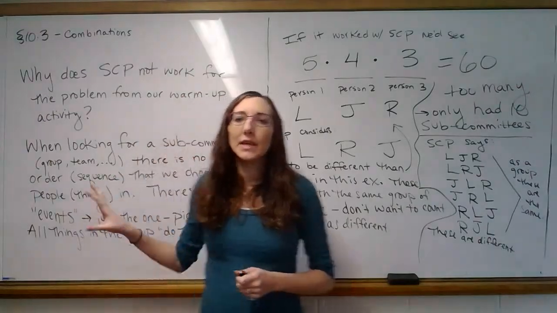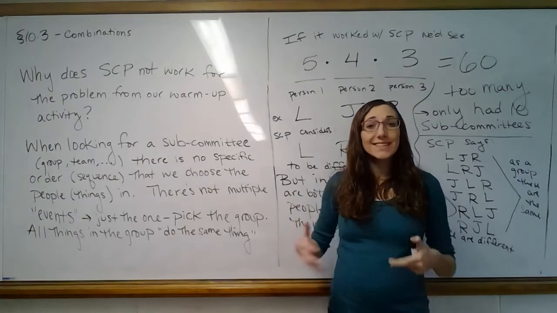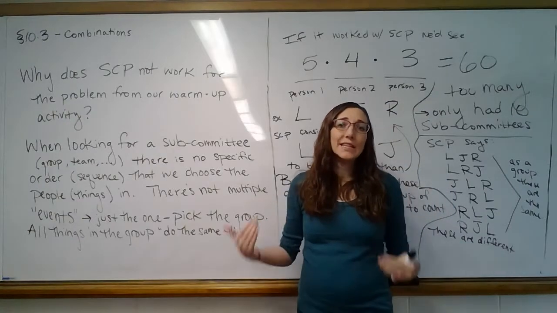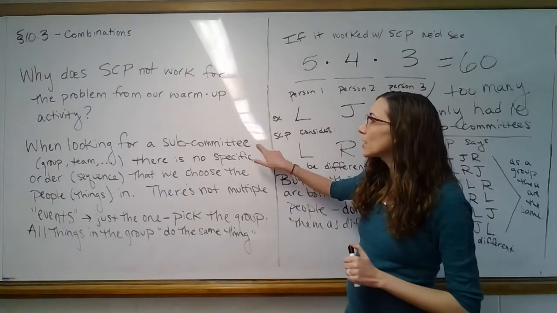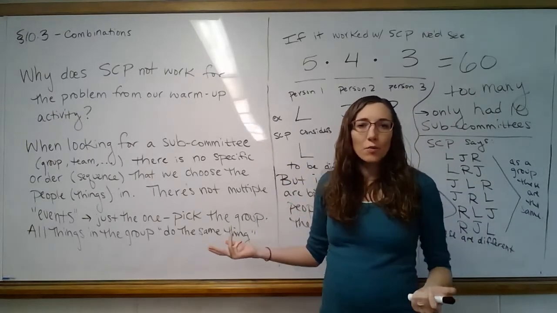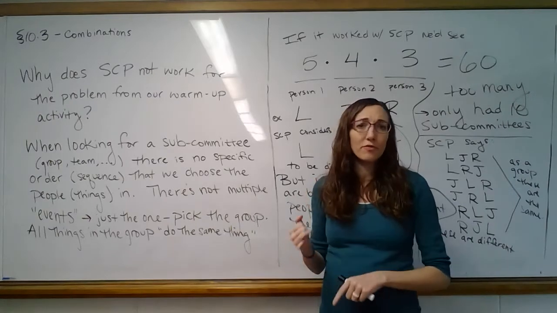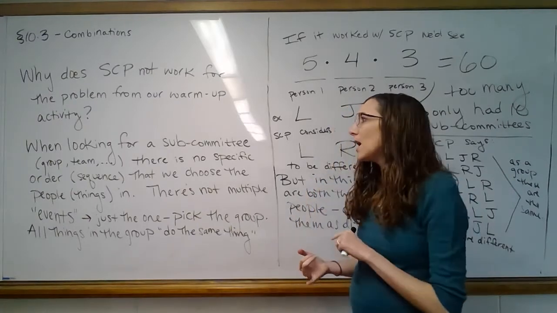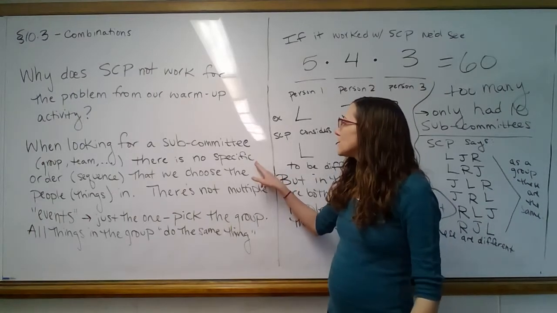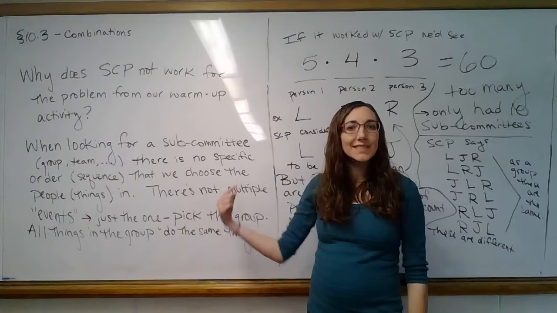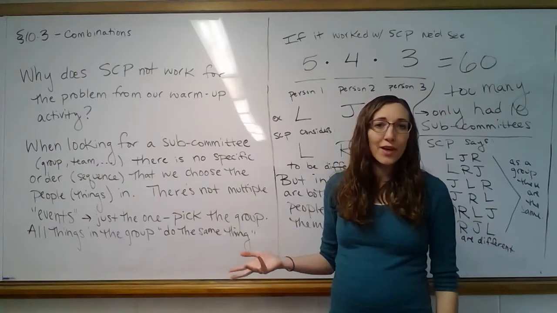One of the big things I want to describe with this example is what's different here versus sequential counting. When we're looking for a subcommittee, which could also sound like a group of things, a team of things, a collection of things, there's no specific order or sequence that we choose the people or the things in.